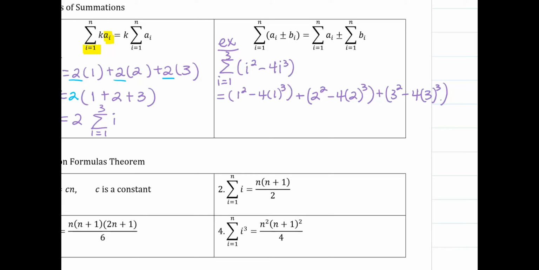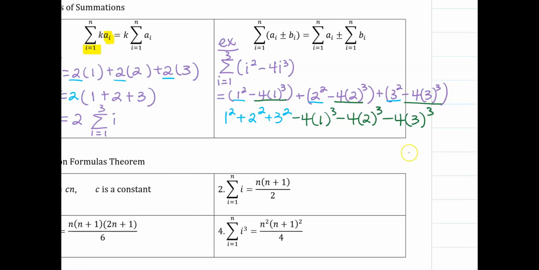Now I'm just going to rearrange these terms so that I have all of the terms that are squared right next to each other. So I have 1 squared plus 2 squared plus 3 squared, and then I am going to rearrange my terms so that I have all of the 4i cubed terms with each other. So then we are subtracting 4 times 1 cubed, and we are also subtracting 4 times 2 cubed, and then we are subtracting 4 times 3 cubed.